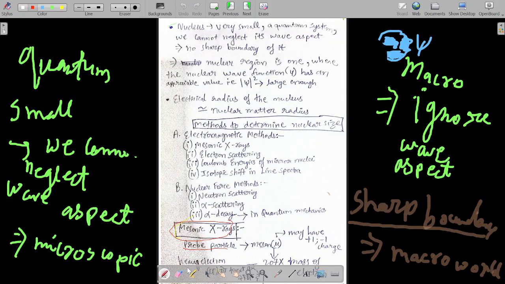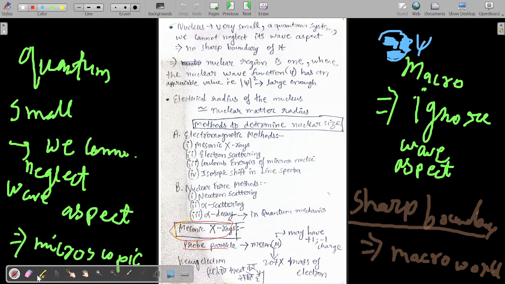In the mesonic X-rays experiment, the probe particle is the meson, which may have +1 charge or -1 charge. Suppose we take the -1 charge meson. What is it? It is just like a heavy electron. Its mass is 207 times the mass of an electron.